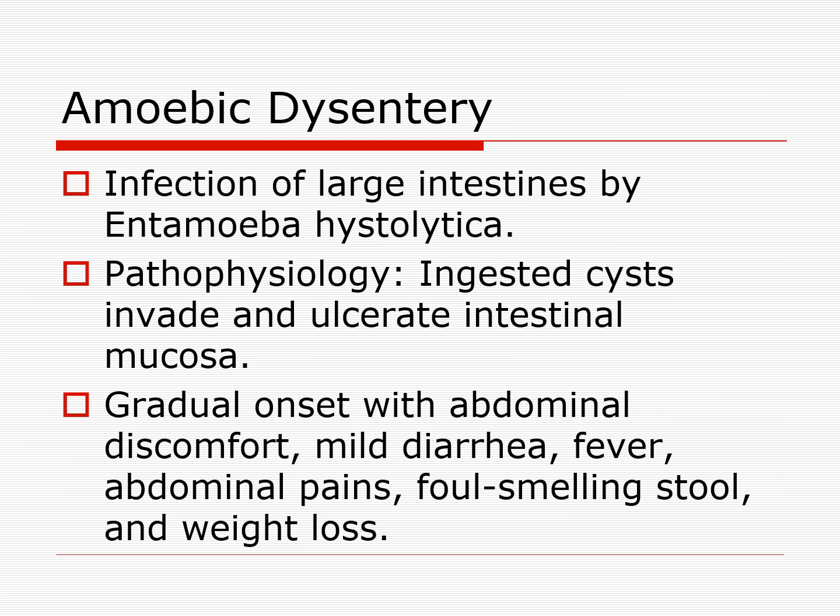The signs and symptoms of amoebic dysentery include gradual onset associated with abdominal discomfort, mildly loose stools or diarrhea with or without blood and mucus. Diarrhea may alternate with constipation. Tenderness may develop over the cecum, transverse colon, or sigmoid. Fever may be present.